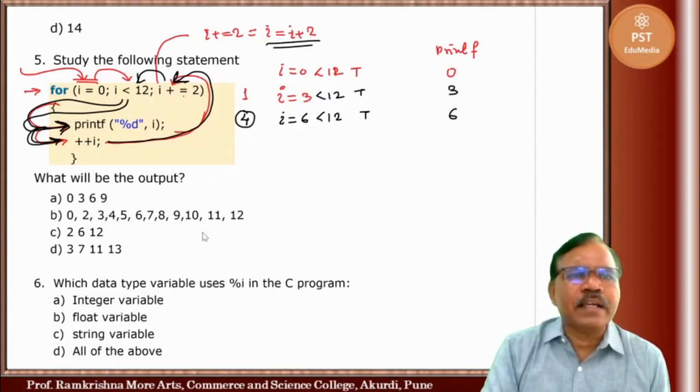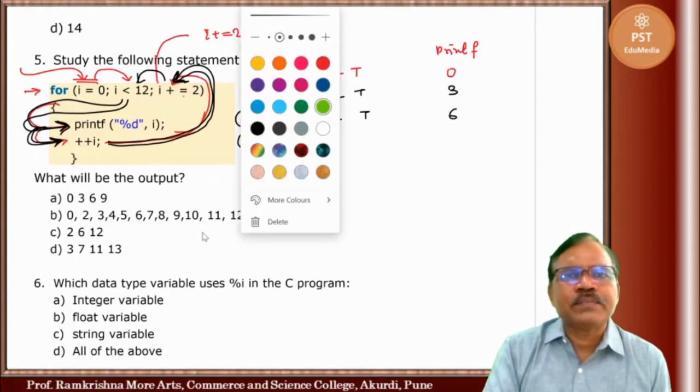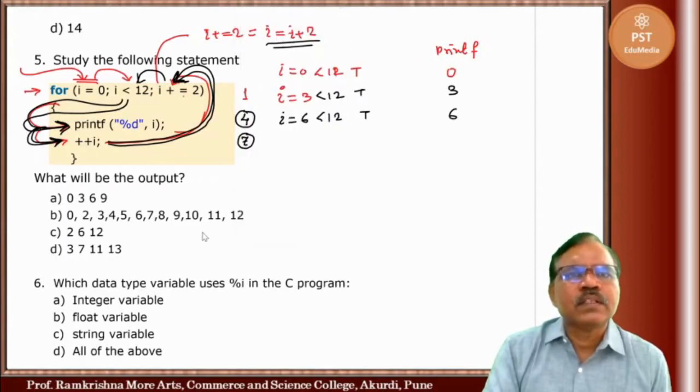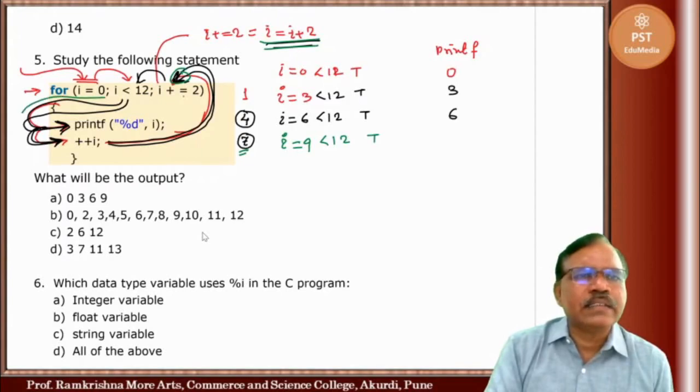Then here, plus plus i, so i becomes 7. Then it will go back to expression 3. Now i is 7. i equals i plus 2 means 9. So i becomes 9. It is less than 12, true, so it enters the loop.